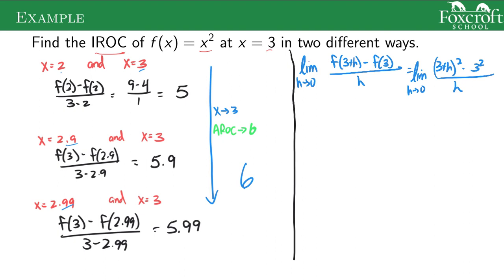And remember that 3 plus h squared is 3 plus h times 3 plus h. So we have to FOIL that out. So when we FOIL that out, we're going to get 9 plus 6h plus h squared minus 3 squared, which is 9.